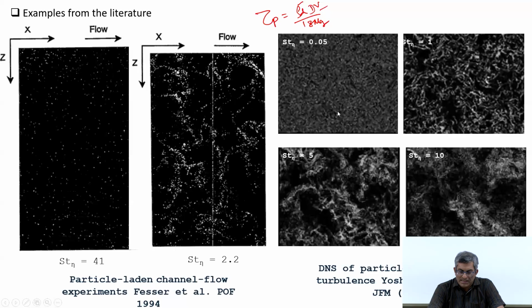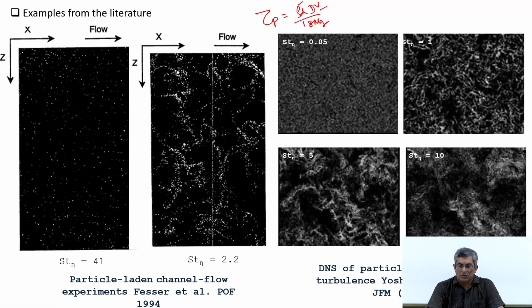So, this is the case of Stokes number of 0.05. So, you see this homogeneously distributed. Now at 1, you get some preferential concentration effect, then 5, then even 10. Now, here lies the interesting thing.